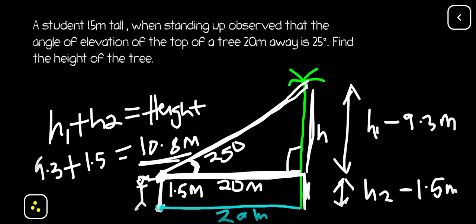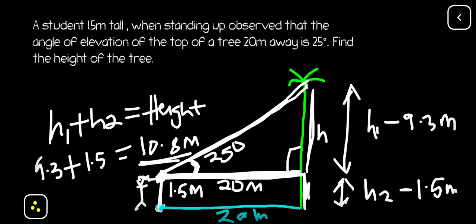Okay, so I think this is a little bit clear. If you really understand the question, you should be able to understand how we got this answer, because everything is just based on the question. The question started with his height, 1.5 meters tall. When standing up, take note of that point, a student when standing up observed that the angle of elevation of the top of a tree 20 meters away is 25 degrees.